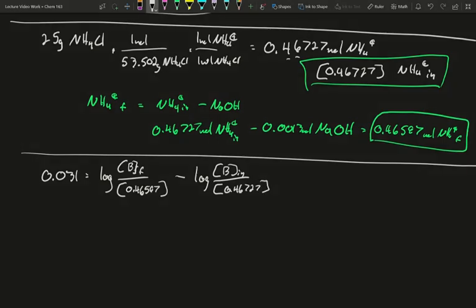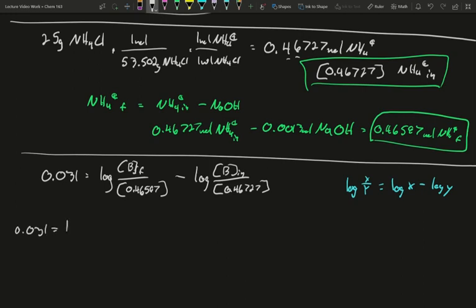Well, one of the rules for logs, if we don't remember, is that the log of x divided by y is the same as the log of x minus the log of y. So logs have their own conversion rules, and this is one of them, which means we can break this down into something more manageable.